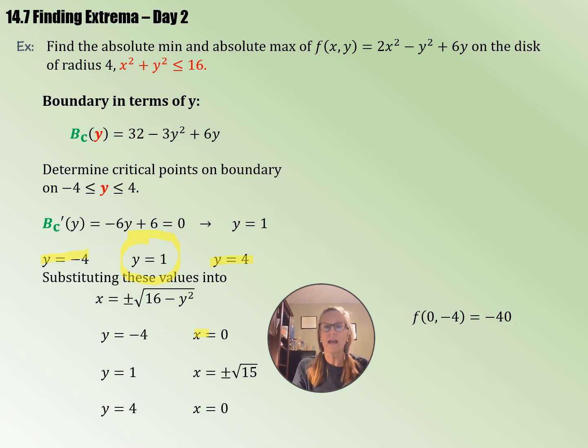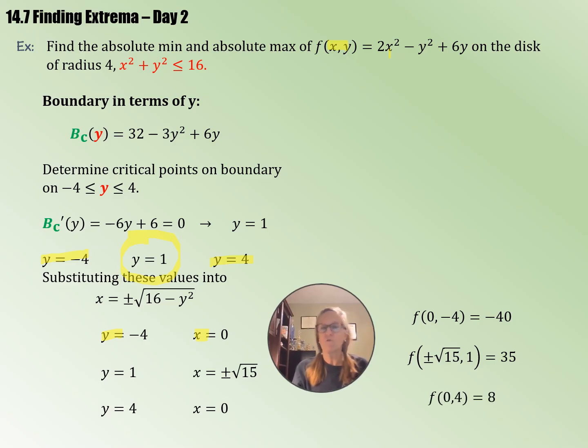Now that I have both an x and a y, I went up and plugged into my height function, my z function. And with (0, -4), I got -40. Since I just had an x squared term, I got the same value with both plus and minus root 15.